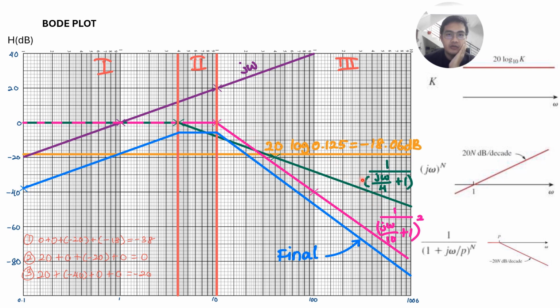So for jω over 4, we plot 4 here, and then we multiply it by 10 and 40 here, and we make an inclined plane of negative 20. And then the same goes for jω over 10. We plot here 10, but we have to times 2 for the inclined plane, so we can get negative 40.